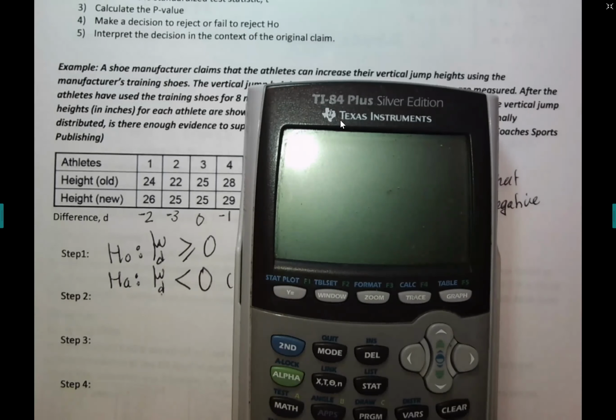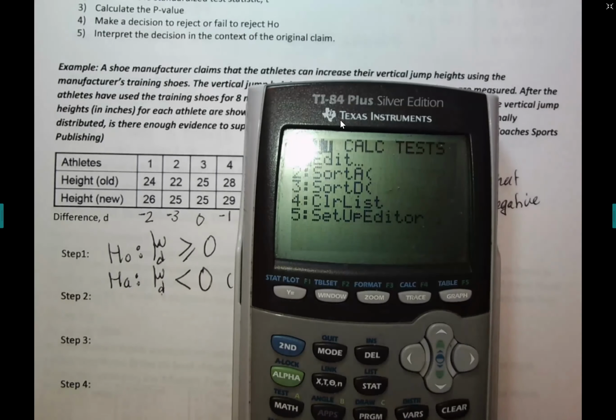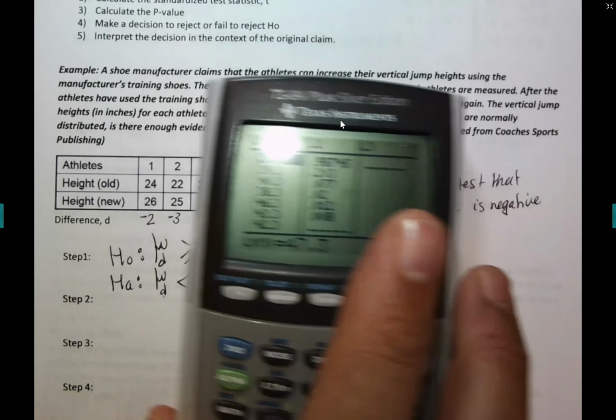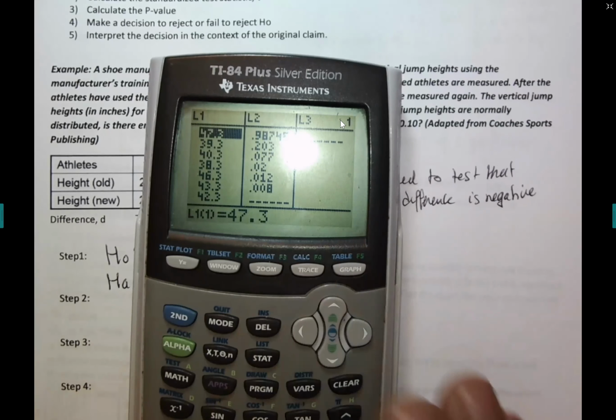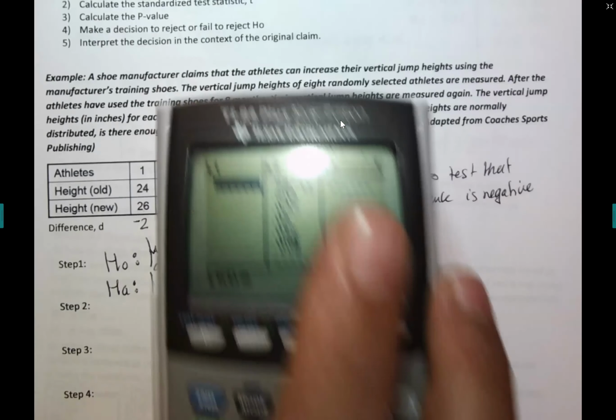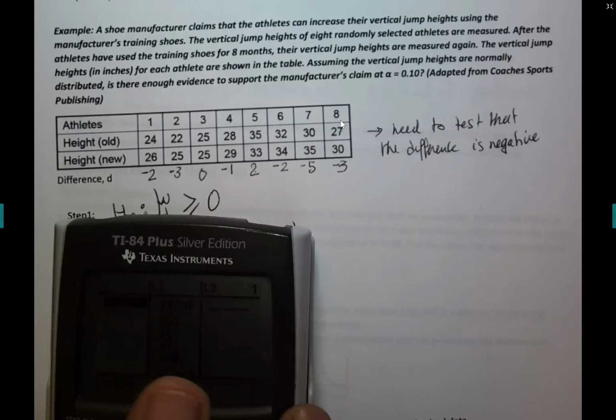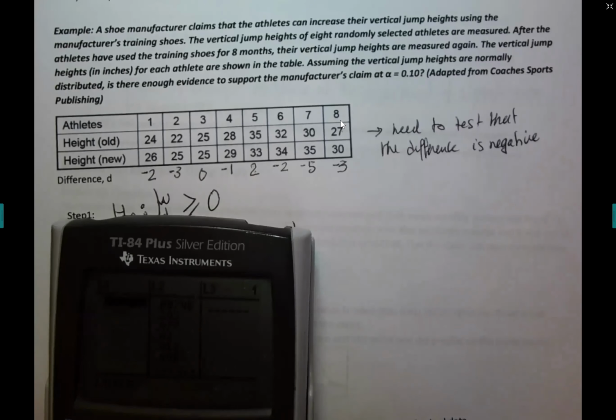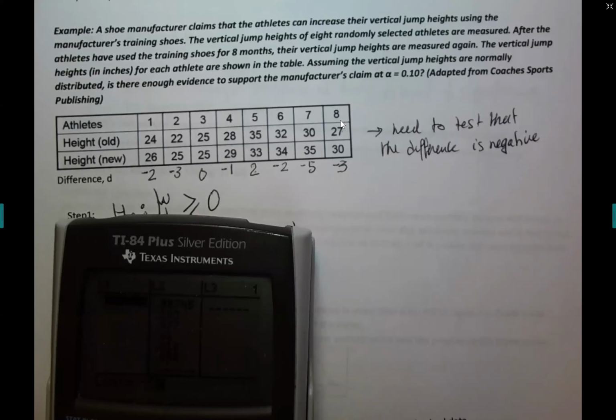So let's do it. Stat, edit. Okay, let me just clear L1. Hit clear and enter. And then I'm gonna input the data. So I got -2, -3.